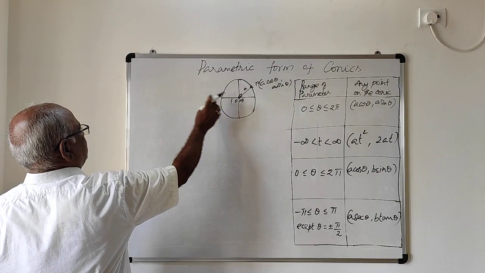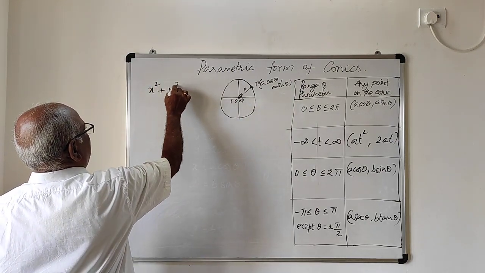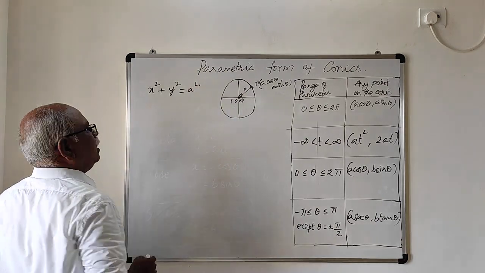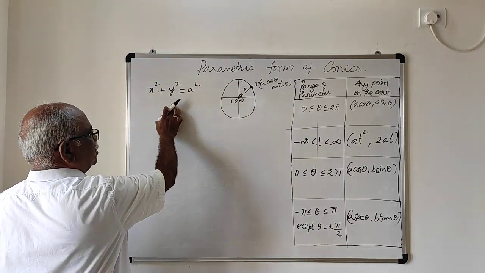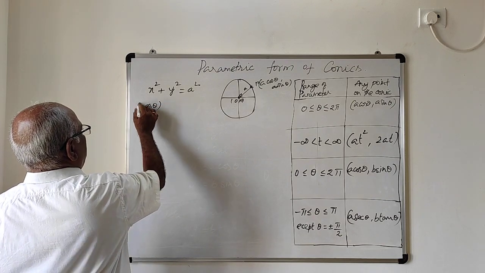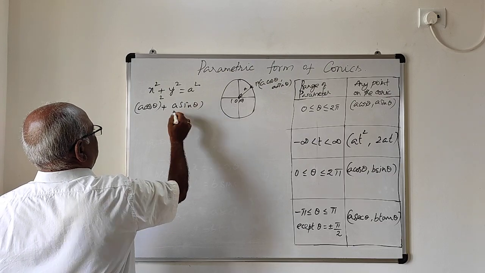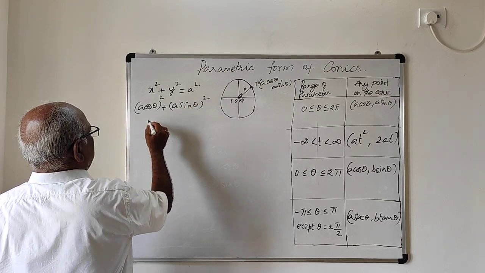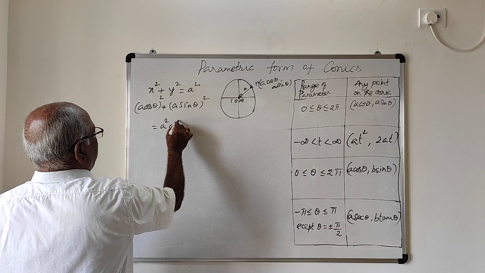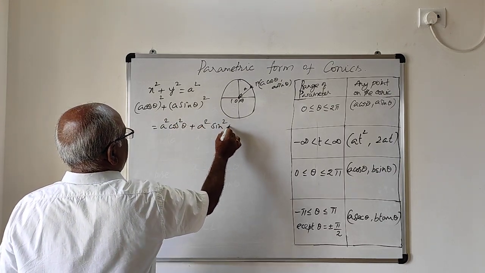So the equation of the circle with center origin and radius a unit is x square plus y square equal to a square. This equation is satisfied by these parameters. x is a cos theta, so (a cos theta) whole square for x square. y square is (a sin theta) whole square. That equals a square cos square theta plus a square sin square theta.